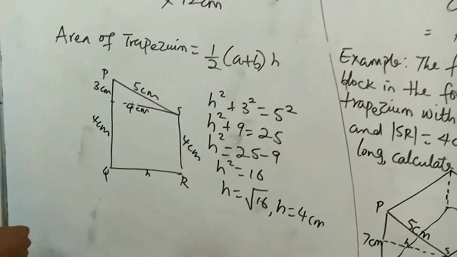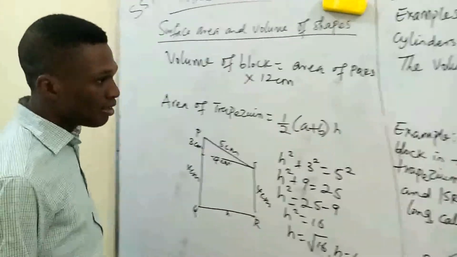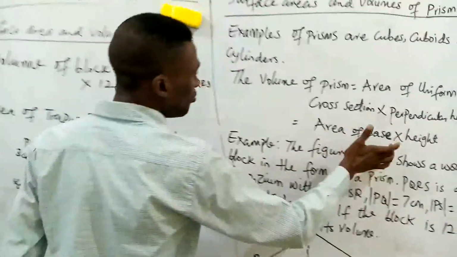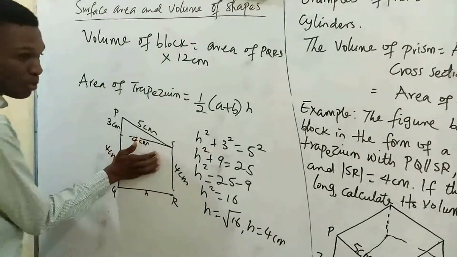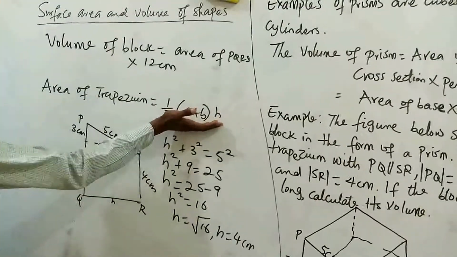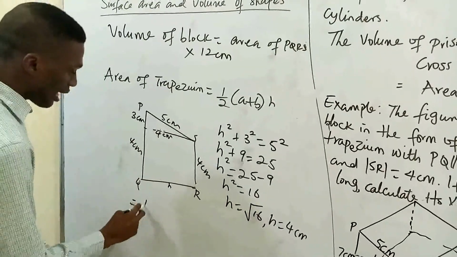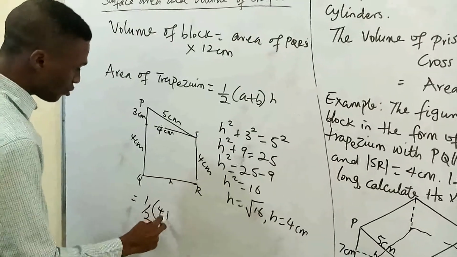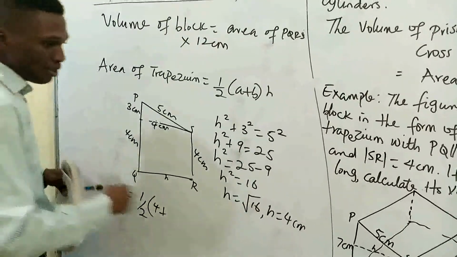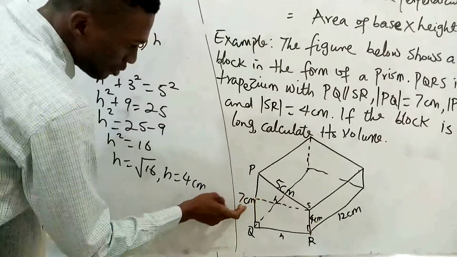So at this point we can now apply our formula for the block. We say the volume of the block is given as area of base times height. We can now find the area of this trapezium by applying this formula because we now have our height of 4 cm. So half our A is 4 cm plus our B. Our B is the whole of this 7 cm. This A, this B, and this is our height.